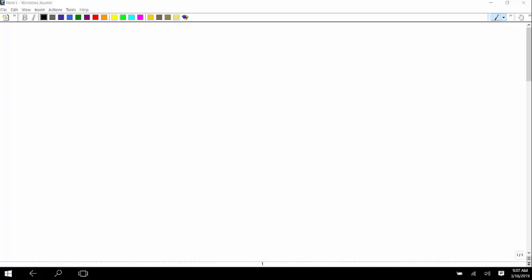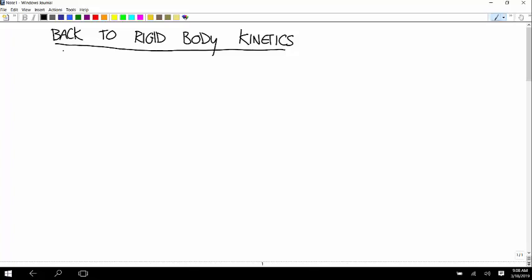Okay, so where we were last time is we're going back to rigid body kinetics. In rigid body kinetics, we deal with two different equations of motion, two equations that relate the loads to the motion.